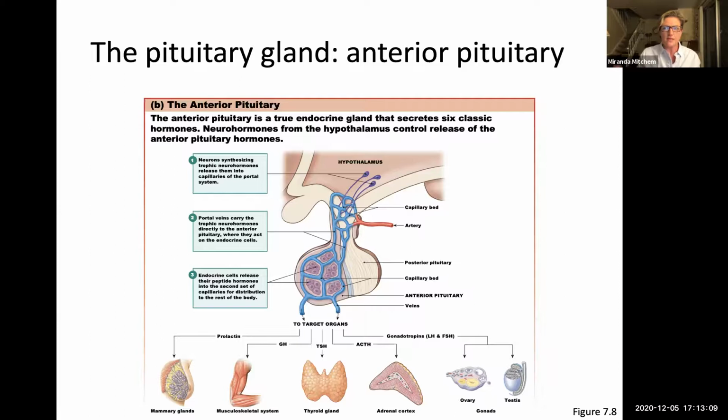So it is the cells of the anterior pituitary gland that are responsible for producing all of these different hormones. And we're talking about effects on the musculoskeletal system, on the mammary glands, the thyroid, the adrenal glands, as well as the gonads.